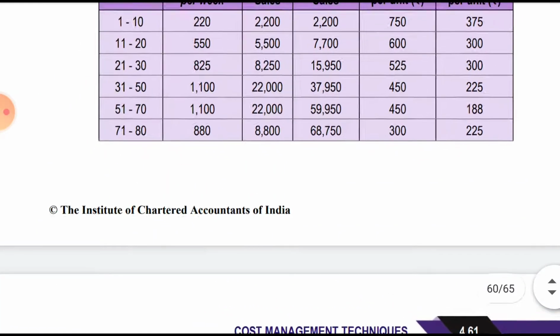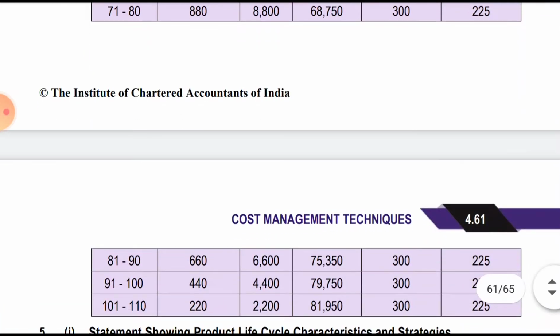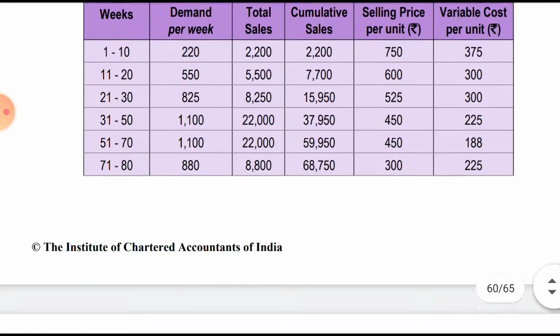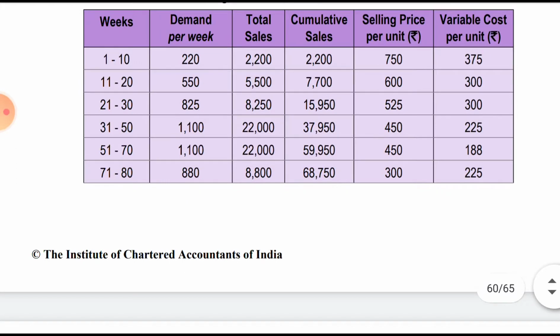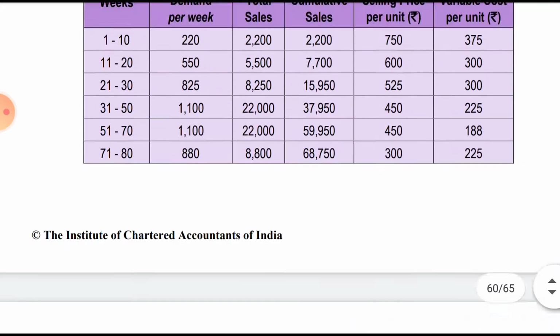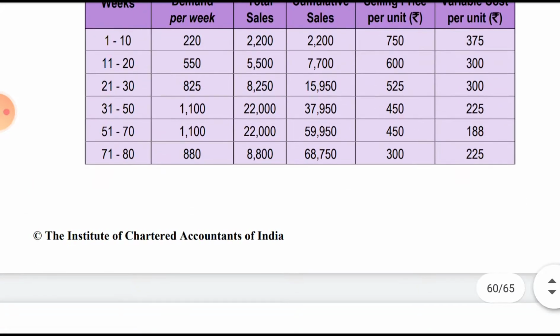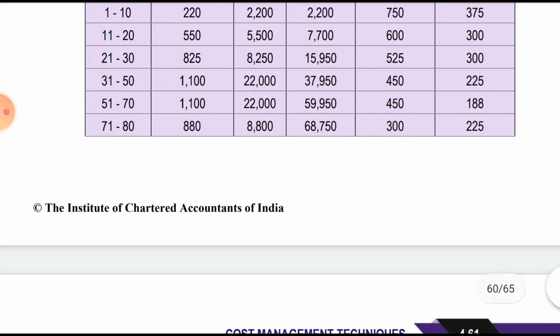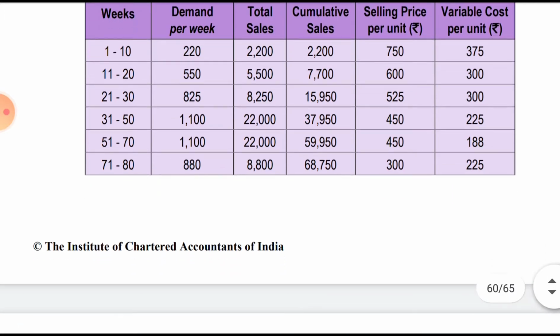It is much simpler. Just write down the quantity demanded as it is, then sales, the sale quantity. So 220 into 10, 550 into 10, 825 into 10, 1100 into 20, because it is a 20 week period. Likewise you will prepare the sales quantity also, then the cumulative sales, how much was the total cumulative sales, then the selling price based on the various quantities as they are given in the question, and the variable cost.